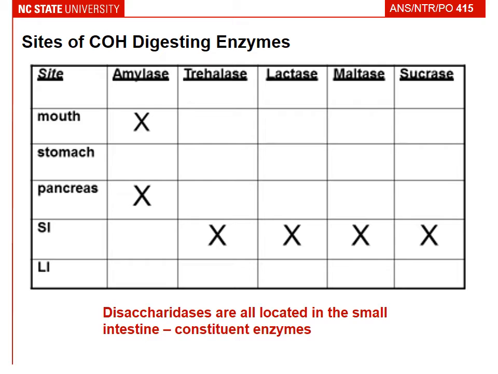Our amylase is also coming from our pancreas. And then all of our disaccharidases, including trehalase, lactase, maltase, and sucrase, those are all constitutively expressed on the enterocytes.